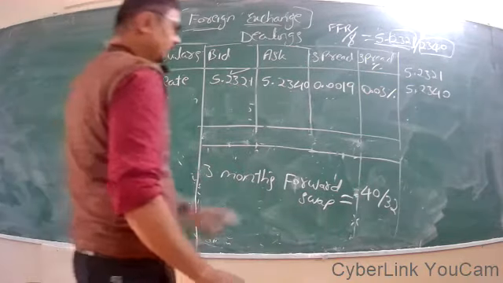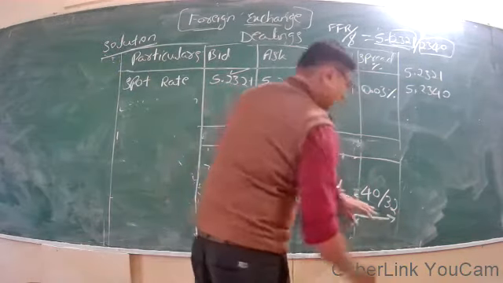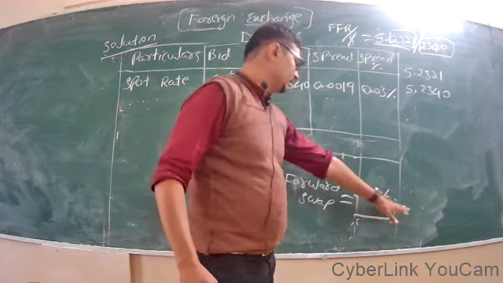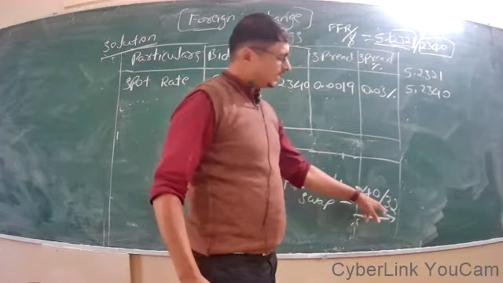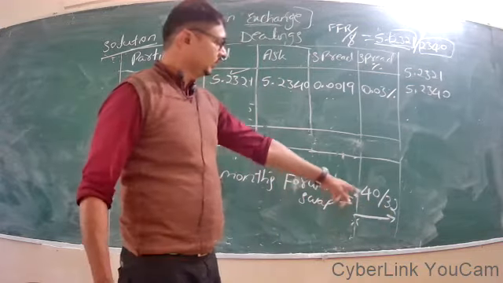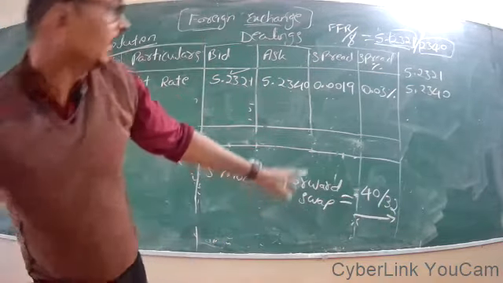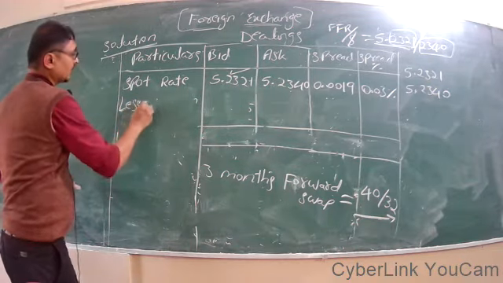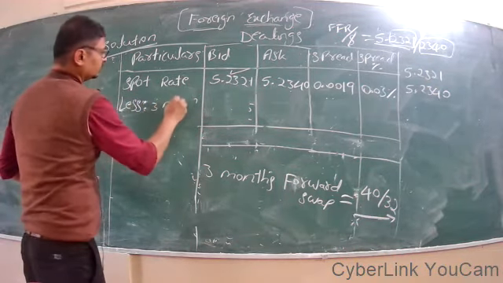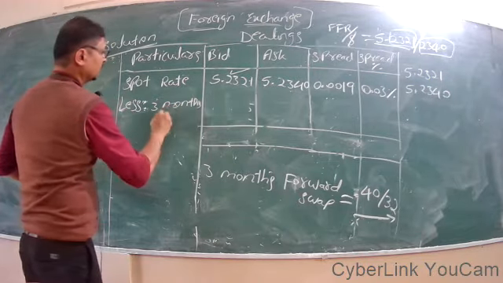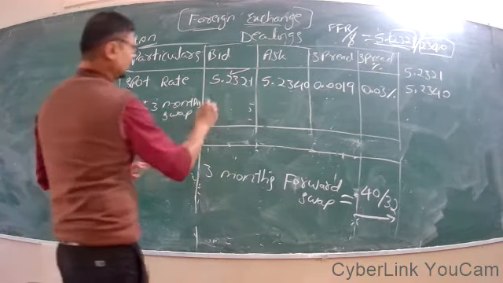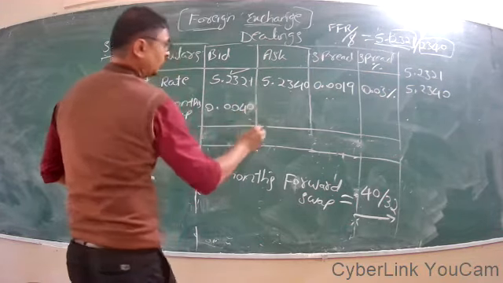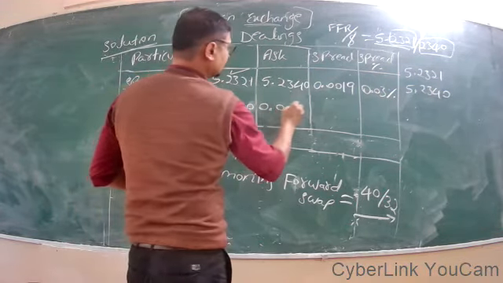Reading from left to right, again it is in decreasing order. If it is in decreasing order, again you have to deduct it from the spot rate: 3 month swap 0.0040/0.0032.